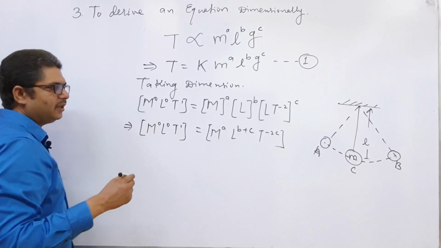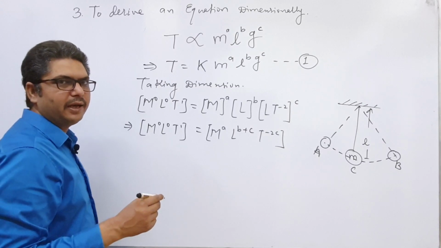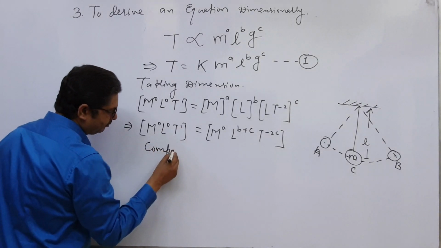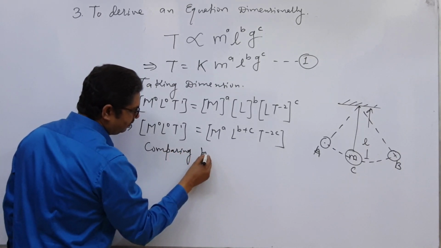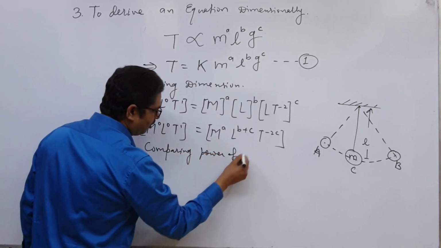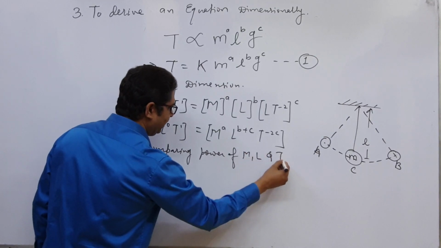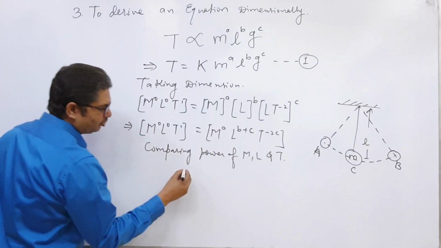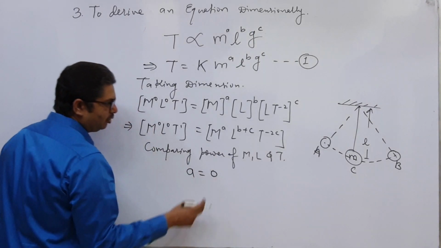Now compare the power of M, L and T. You get M to the power a and M to the power 0. So a comes to be 0.